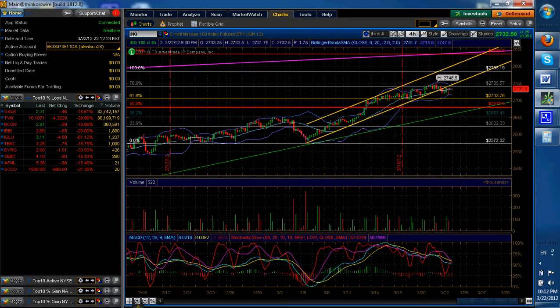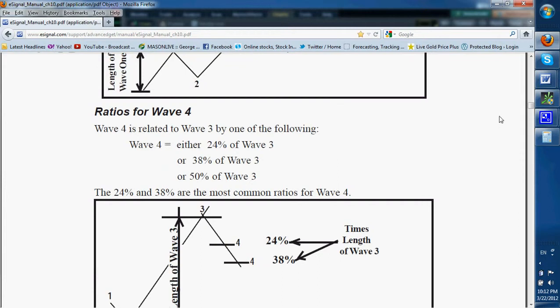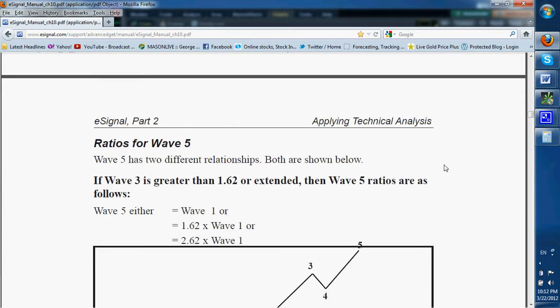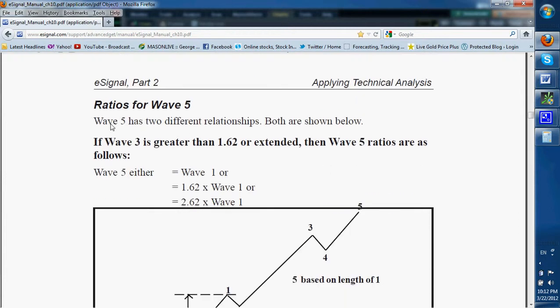And the reason for that is because if we look at our handy dandy book again, it states that wave 5 has different relationships: wave 5 could equal wave 1, or it can go up to 1.62 times wave 1, or 2.62 times wave 1. But this is very rare. You never see this happen except for commodities, and even for commodities that's super rare. So we're looking at one of these two levels.